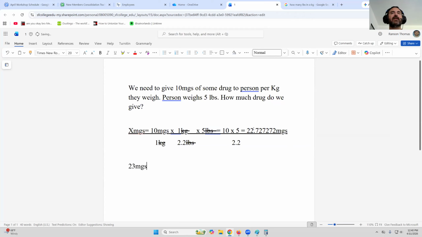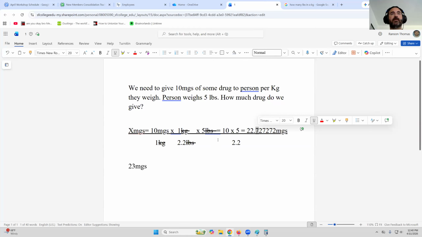Does that make sense? Always, when we round, whatever unit we're rounding to, so like if we're rounding to the nearest whole milligram, that means we use this number to round.